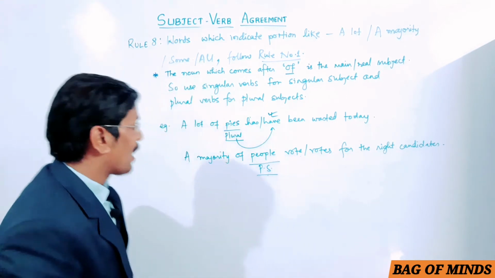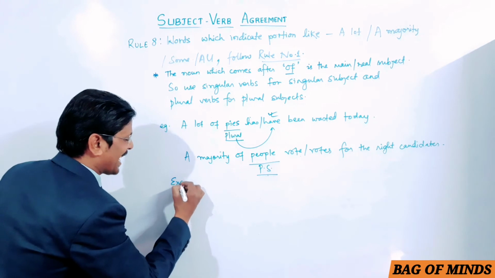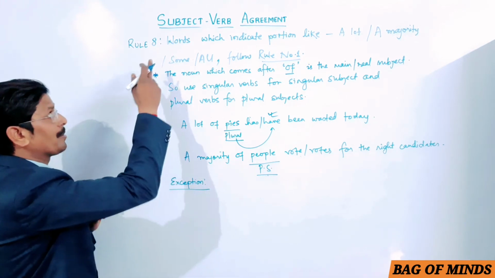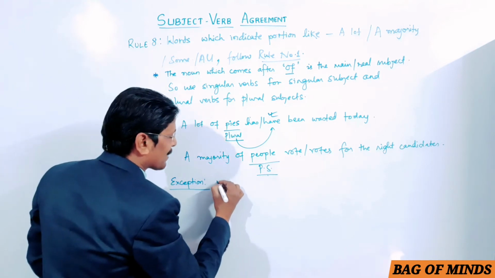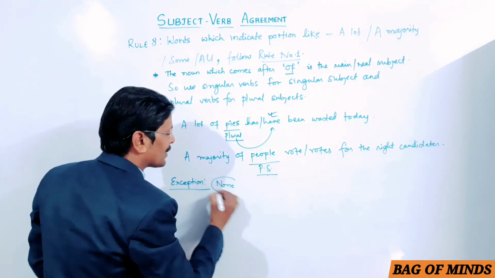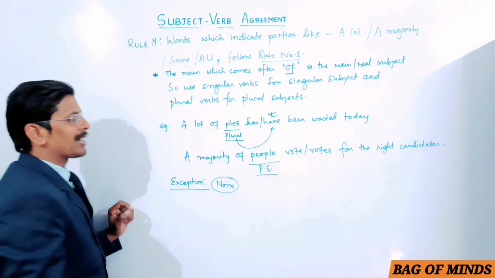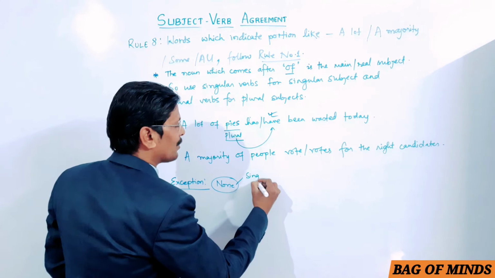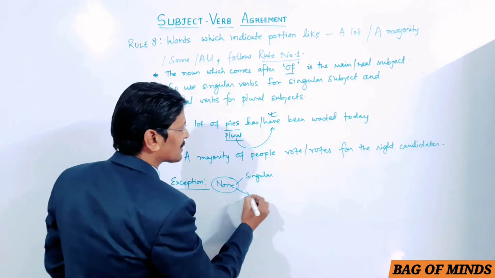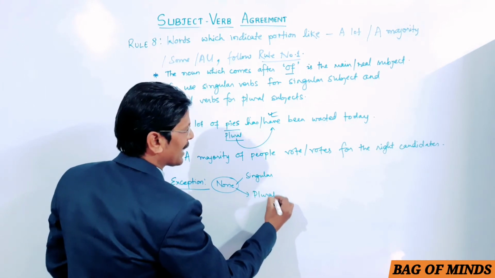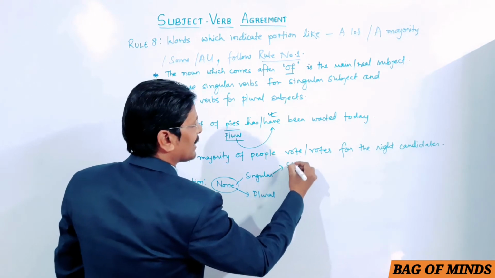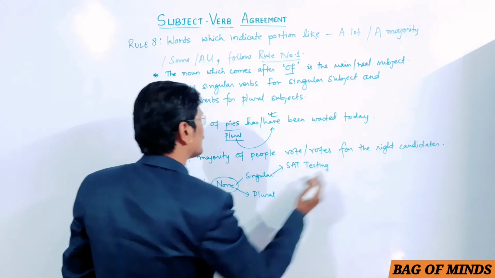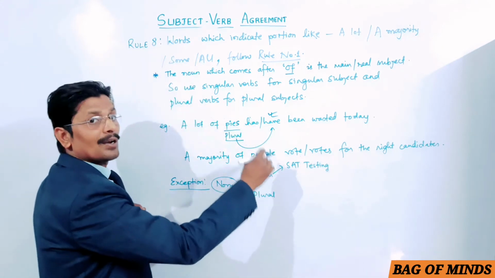Alright viewers, now let me quickly talk about an exception to this rule. Rule number 8. Now the exception is for the word "none." Why "none"? Because this "none" can be used as a singular one or as a plural one. SAT testing always considers "none" as a singular form.